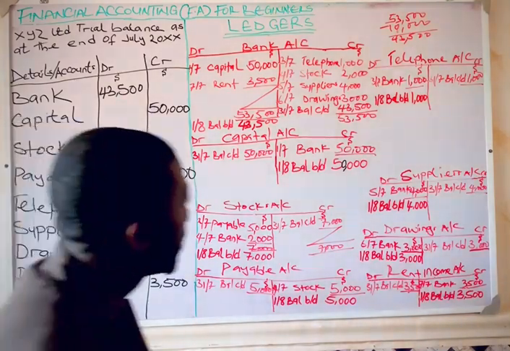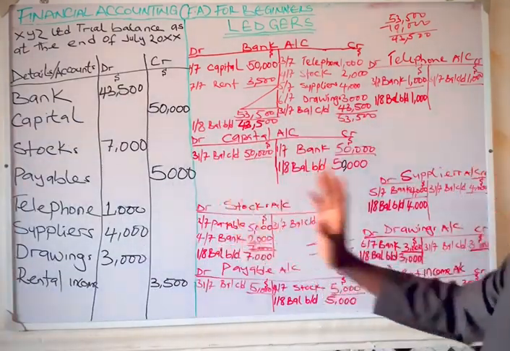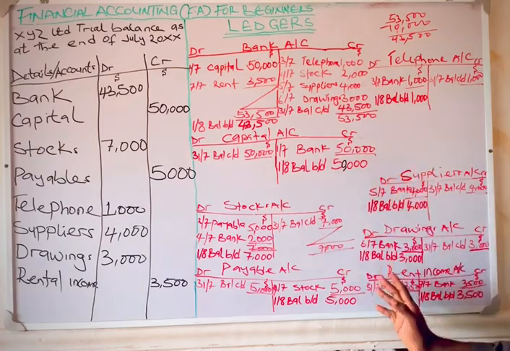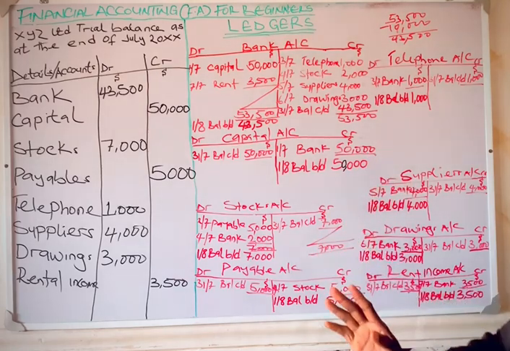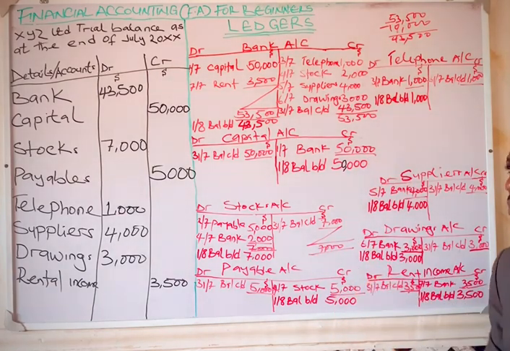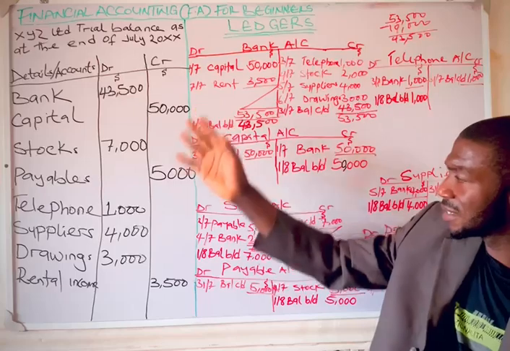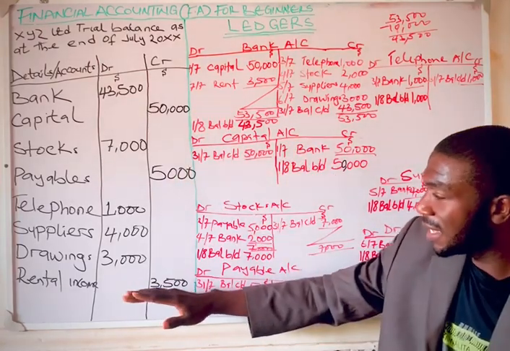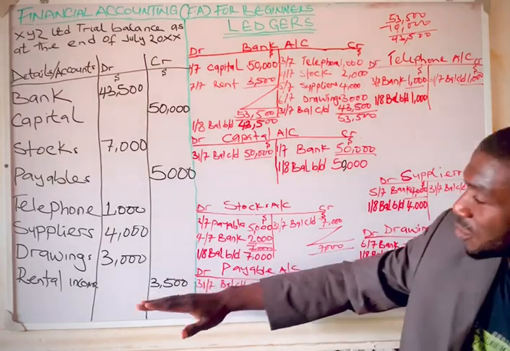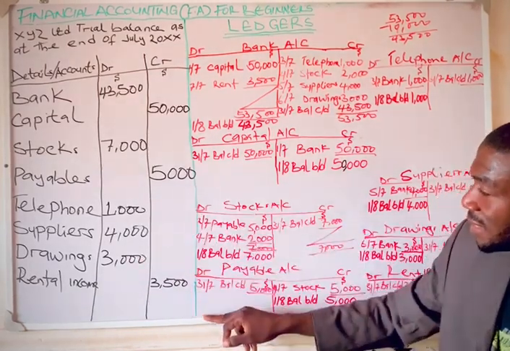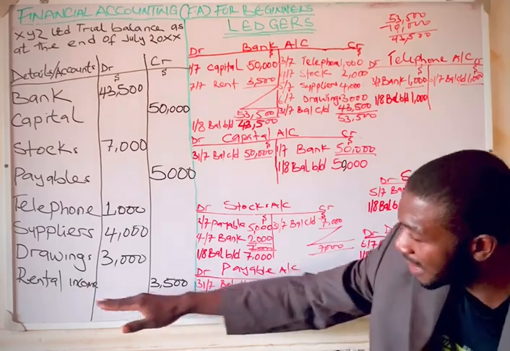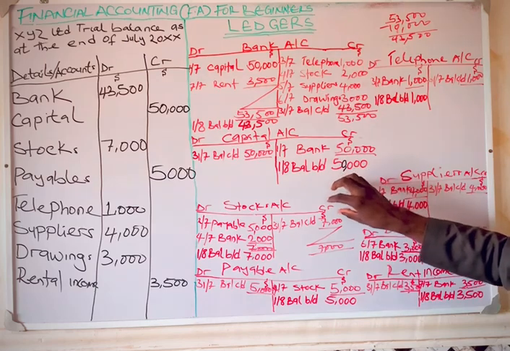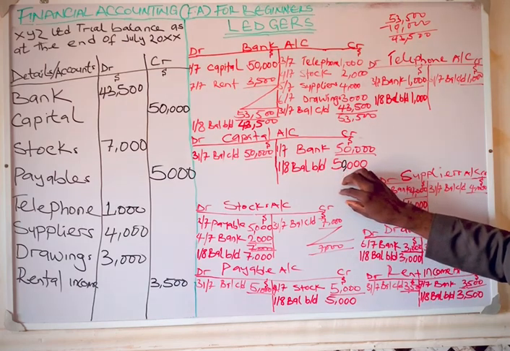After transferring your balances, those that are debit and those that are credit, the next step is to sum them up. You have to add them. If at the end of the day your totals of debit and credit are not the same, there are errors in the ledger's entries.